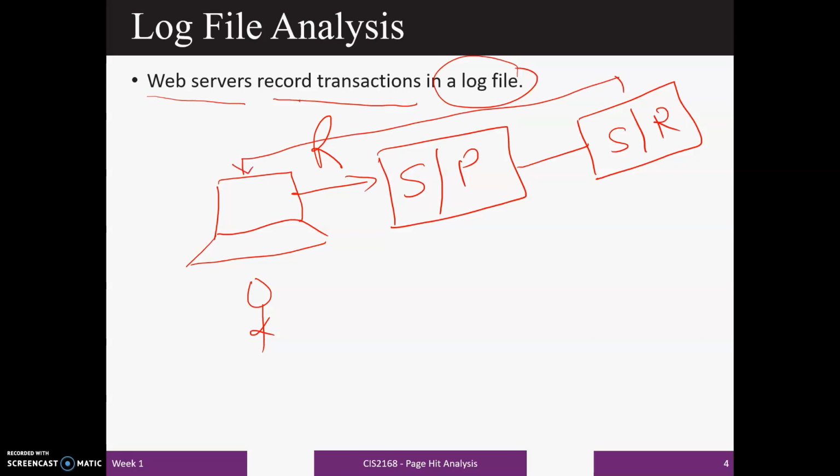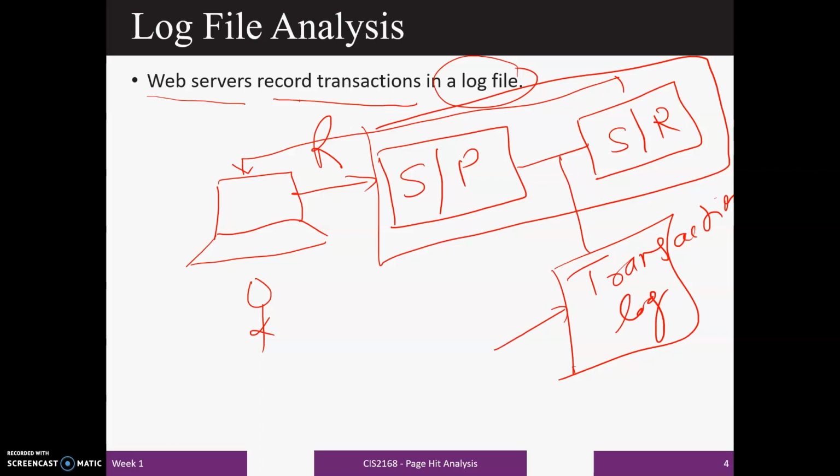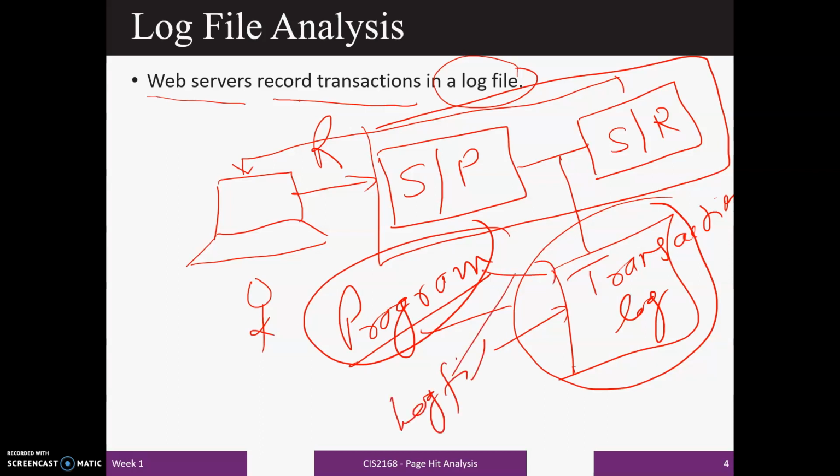So what will the application program do? The application program will create a transaction log, and all the data related to the transaction between the visitor and the server will be stored here. A program is needed to read the content given in this log file.